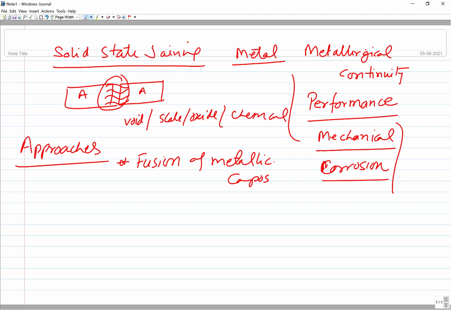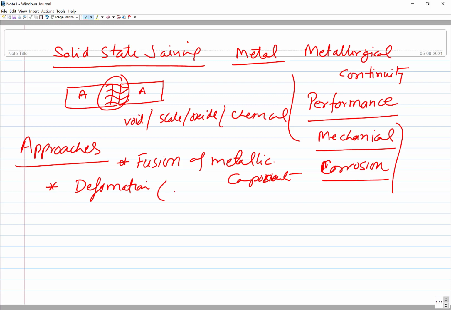This is one approach. But this may not always be the best option. In certain situations this may be good, but it is not the best option available for joining different metals. The second approach is to do some kind of deformation. The focus is not on fusion or diffusion, but on deformation.